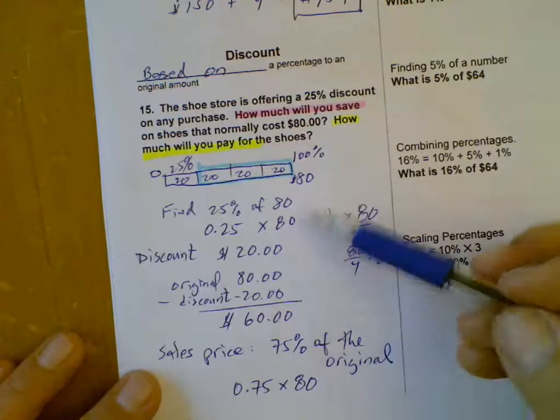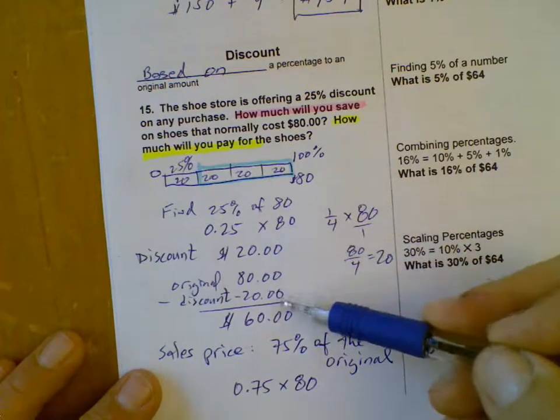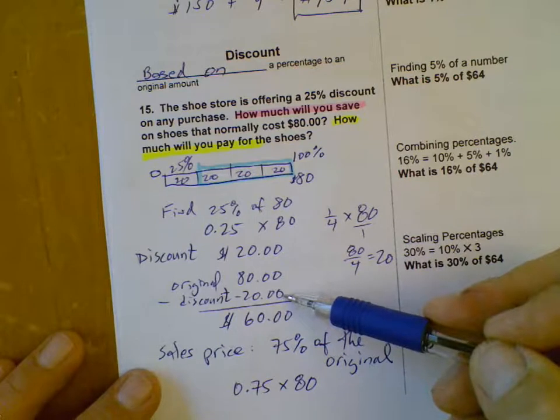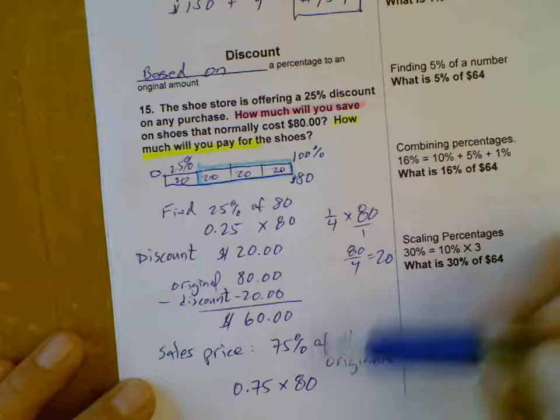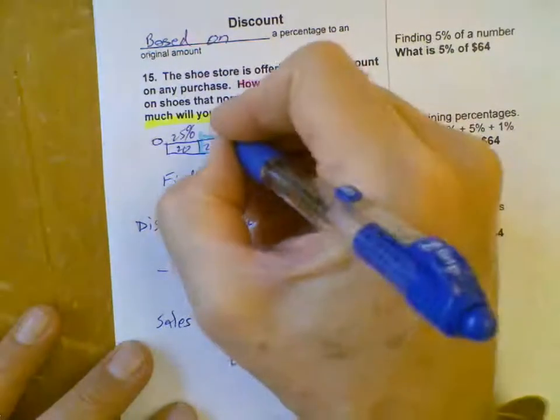Where with this calculation, I first found out what the discount was, then I had to subtract it. So the other alternative is just to see how much of the original price I am paying. I happen to be paying 75%, right? Because each one of these is 25%.